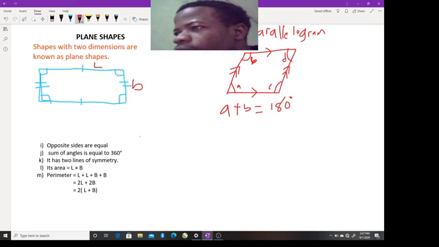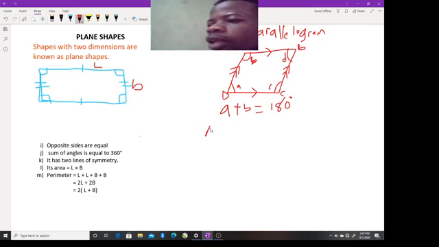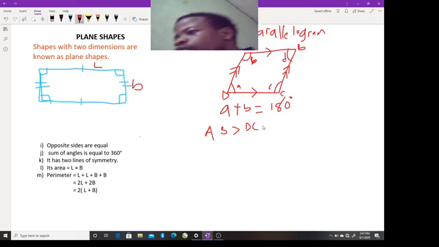This is A, this is B, this is C, and this is D. So AB is actually parallel to DC, and is also equal to it.